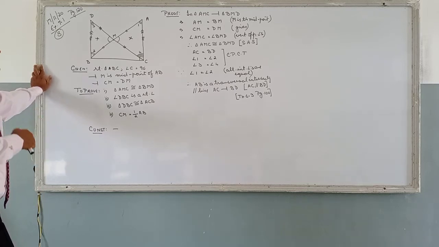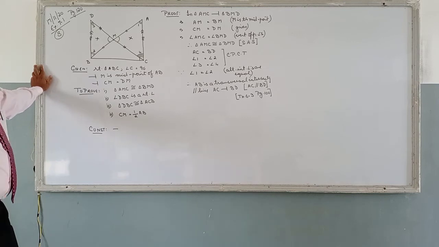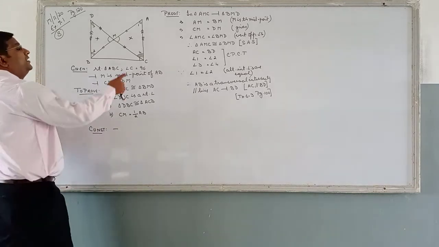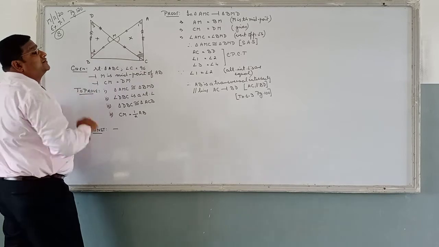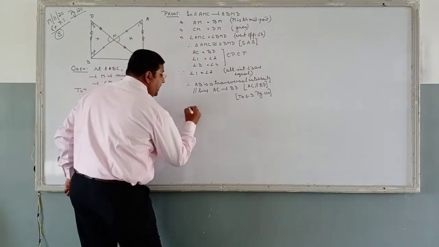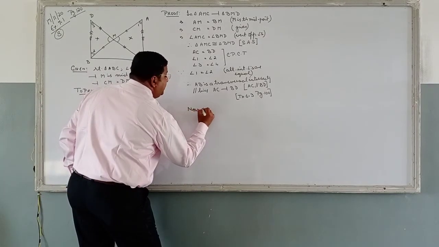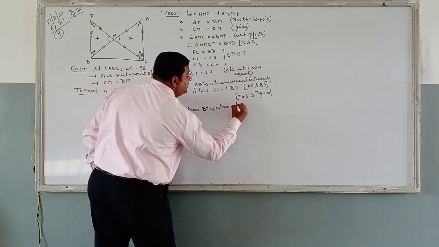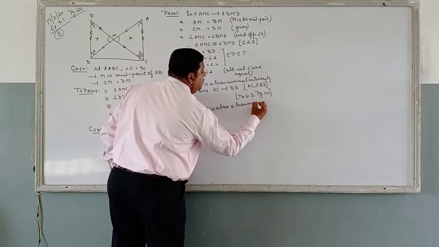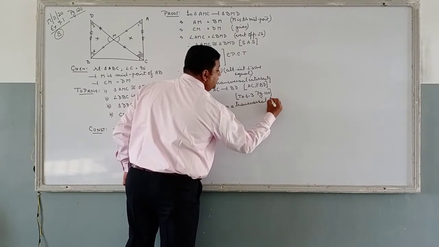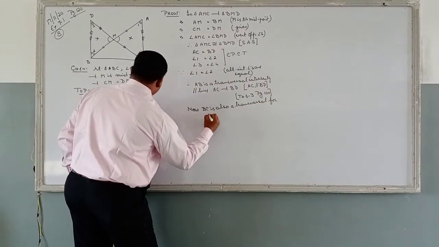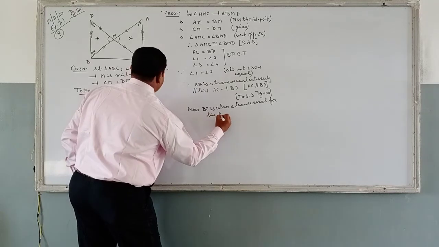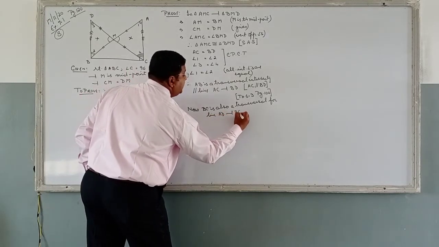It says, if a transversal intersects two parallel lines, then the sum of interior angles on the same side of a transversal is 180. Now, BC is also a transversal for lines AC and BD.